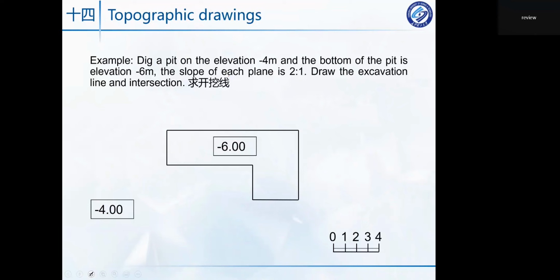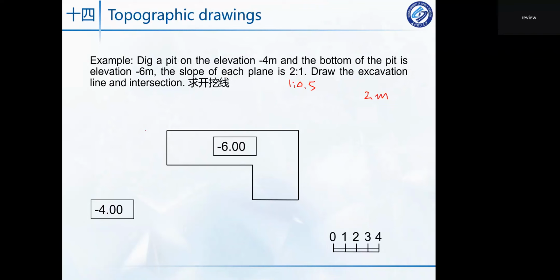The slope of each plane is 2 to 1, which means 1 to 0.5. And now the difference of the elevation is 2 meters.